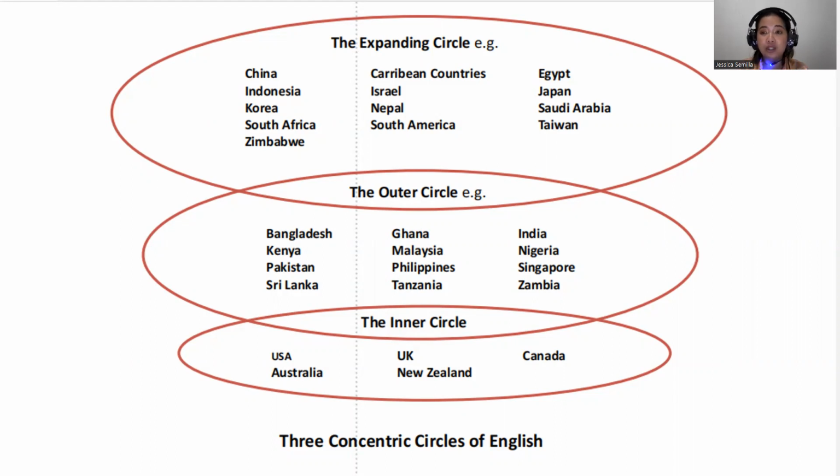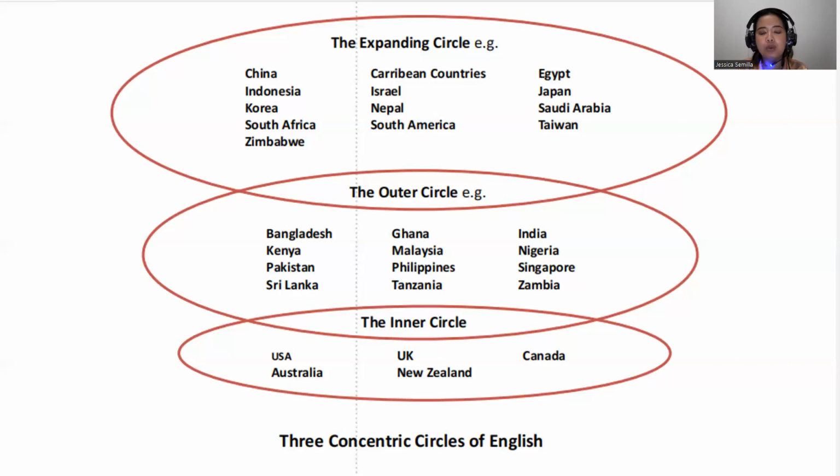If you're in the inner circle, of course, you are called the native speakers of the English language. If you're in the outer circle, you are basically the second-language speakers, the ESL, English as a second language speakers.